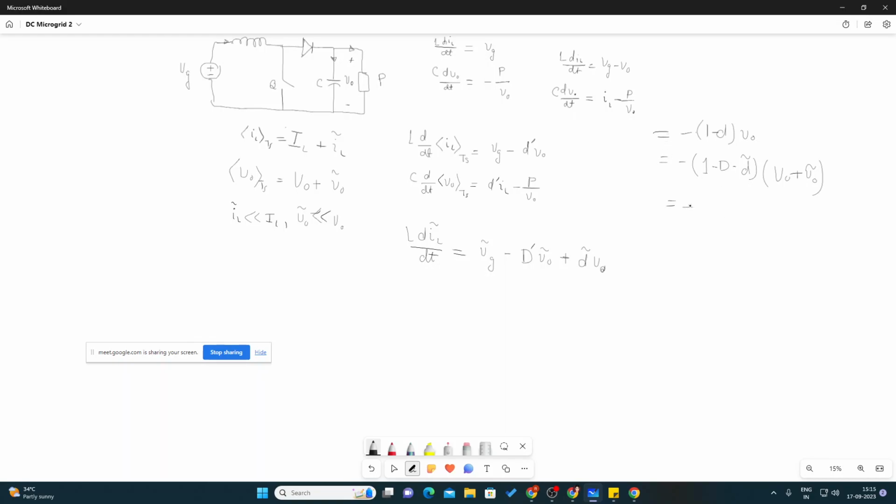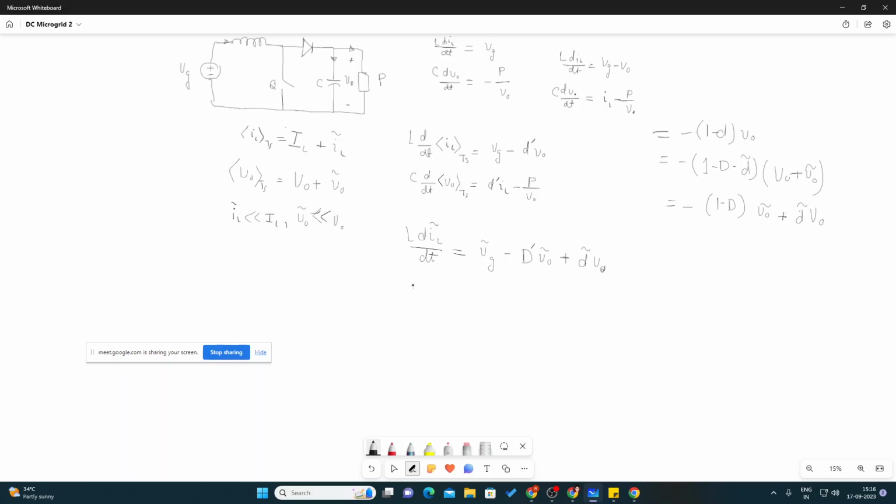So what we essentially have is minus (1 minus capital D) into V0 tilde, plus D tilde capital V0, and there is another term, capital V0 into (1 minus D). This is the steady state part, and it equals 0, and the other term, V0 tilde and D tilde, we are neglecting, so hence we get this. So from here I have written this.